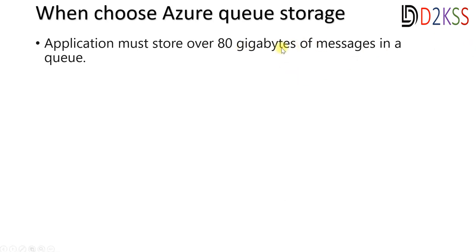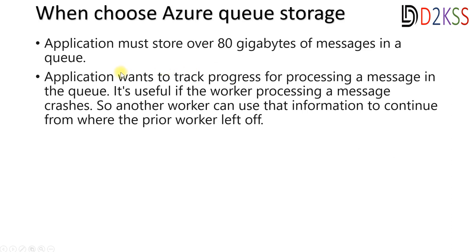This is the first requirement. If your application has to store over 80 gigabytes of messages in the queue, go with queue storage. The second scenario is that the application wants to track the progress of processing a message in the queue.